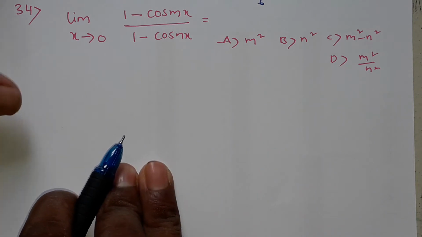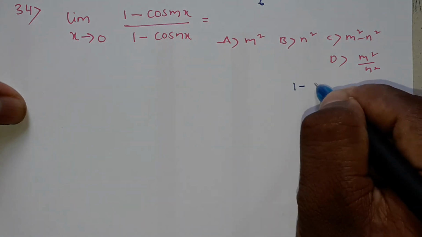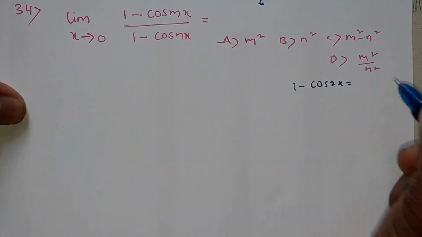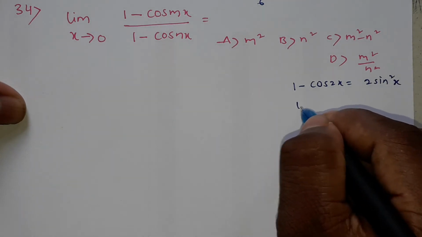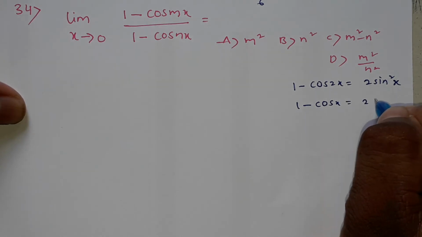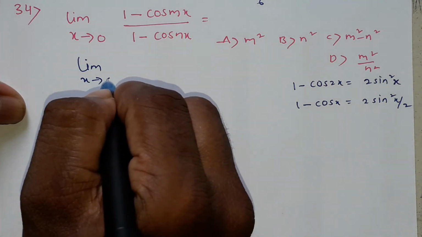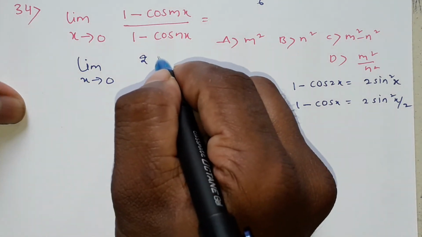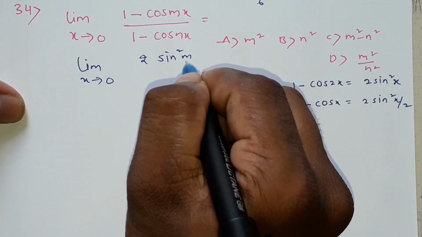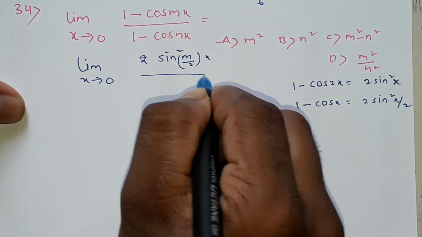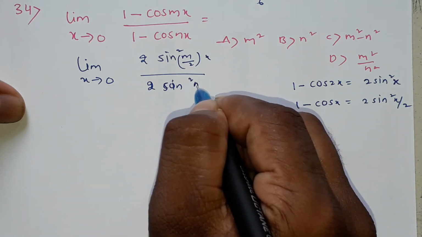డైరెక్ట్. ఎలా డైరెక్ట్ ఆన్సర్ అంటే సిమిలర్లీ బిఫోర్ వేస్ 1 minus cos 2x formula is 2 sin square x. 1 minus cos x formula is 2 sin square x by 2. సేమ్ ఇక్కడ అప్లై చేస్తే limit x extends to 0, 2 sin square mx by 2, by 2 sin square nx by 2.